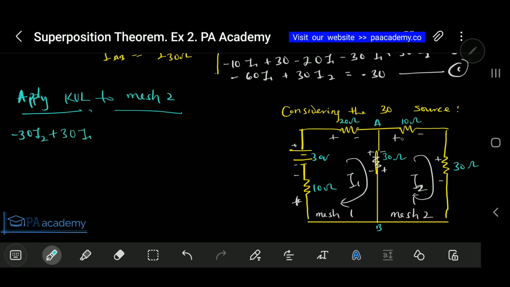So now let's come over here. So from positive to negative, so that will be minus 10 I2. And then from positive to negative, minus 30 I2. Then equals to 0.